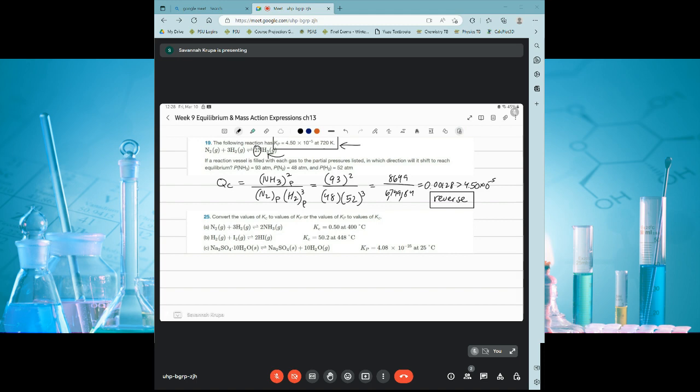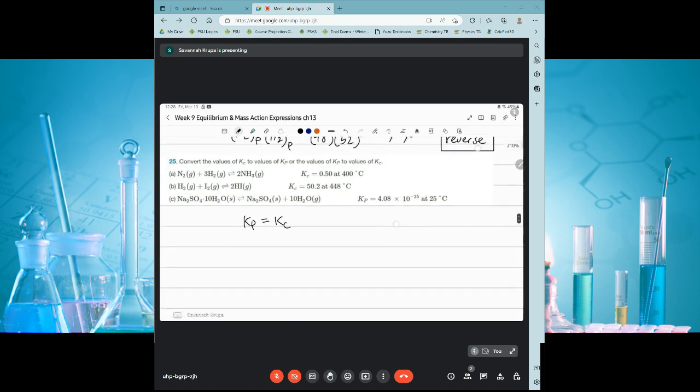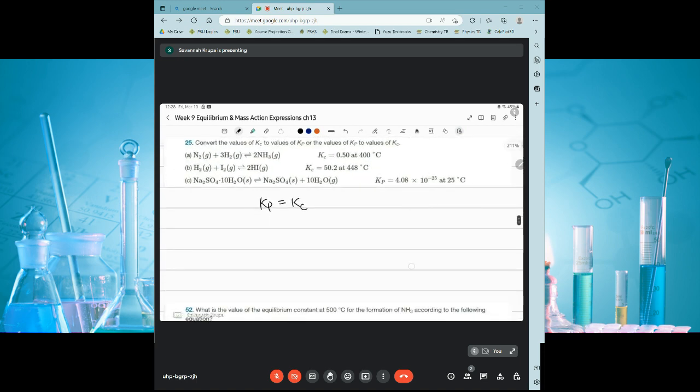So for the Kp, to convert it to Kc, it'll be equal to Kc multiplied by R times T to the power of the delta N. And so the N number here is going to be the difference in the product moles minus the reactant moles.